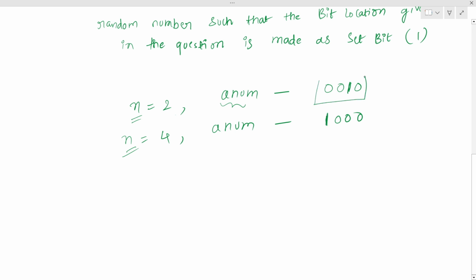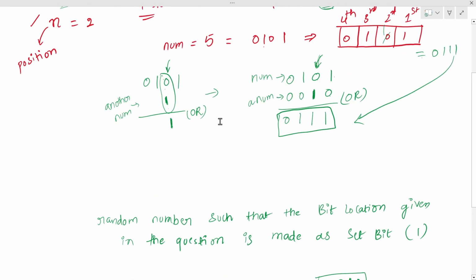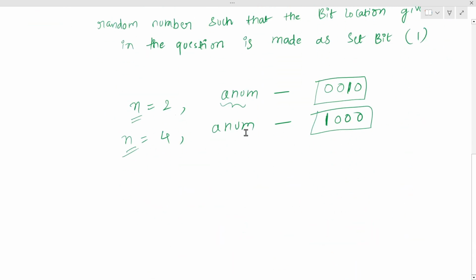Now why are we trying to make this? Because whatever the original number is, num, we are going to apply an OR operation with the original number. If you apply OR operation between this num and this a num, then you are going to get your required answer. It is as simple as that, right?